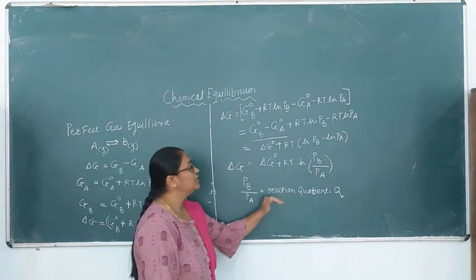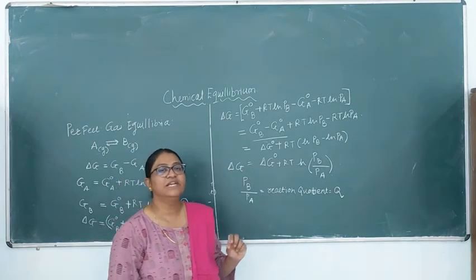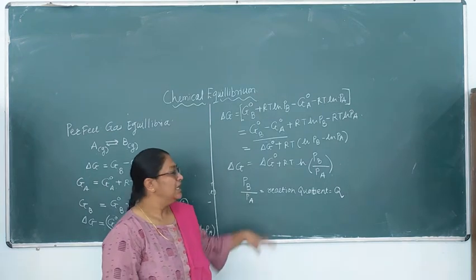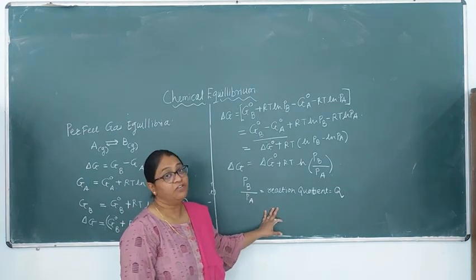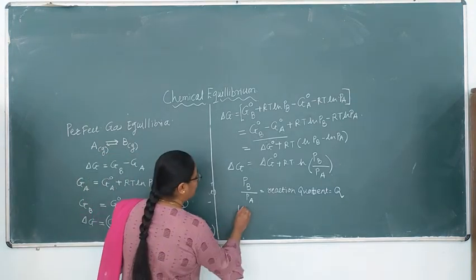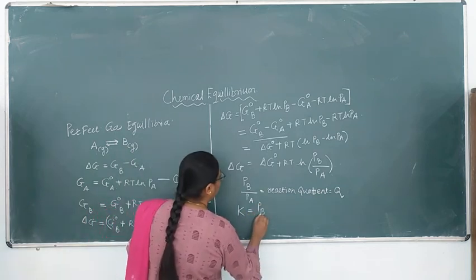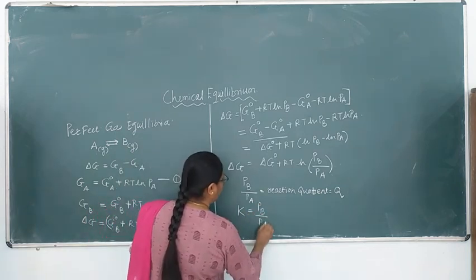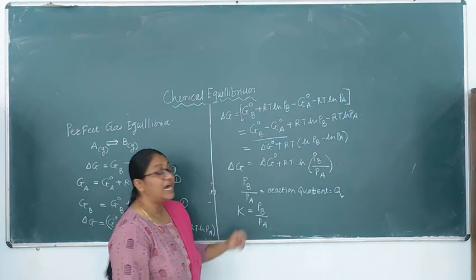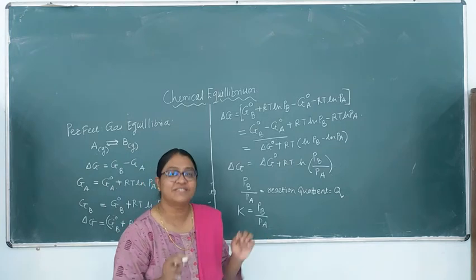Now this reaction quotient Q is considered a very important value in the reaction. It is actually like an equilibrium constant. See, for this reaction, the equilibrium constant is nothing but the partial pressure of B divided by the partial pressure of A. That means the formulas of the reaction quotient and the equilibrium constant are the same, but they are not one and the same term.